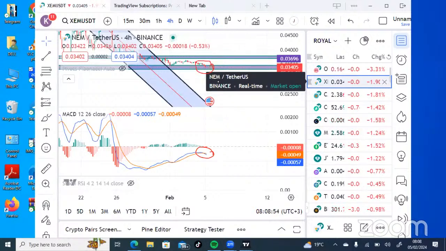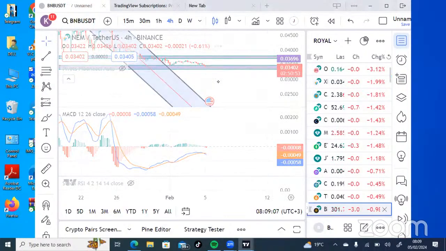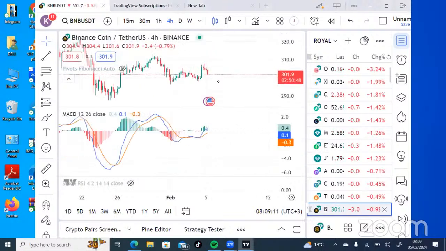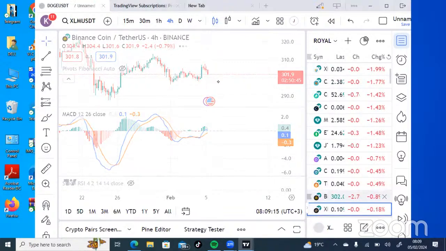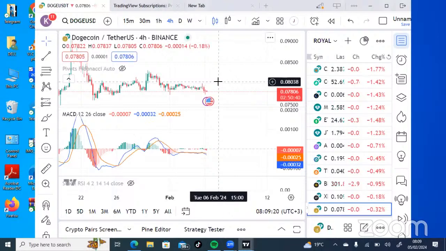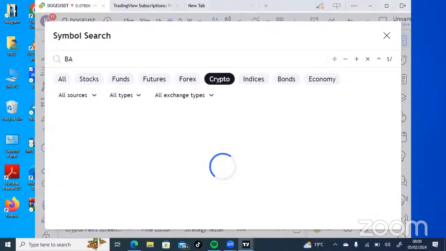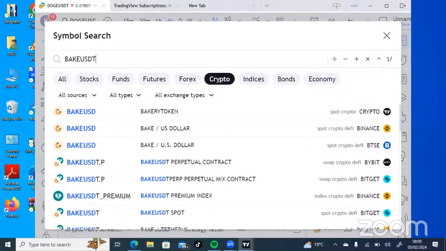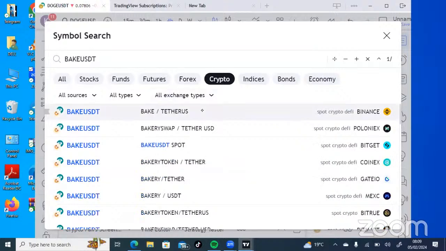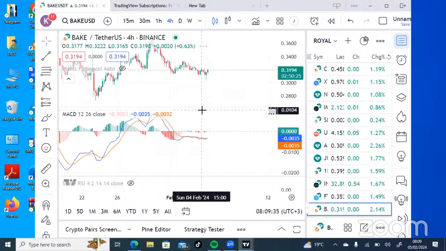The only saving grace I believe we could have is the United States decreasing the interest rates. I don't know whether it is today, I keep forgetting the dates. But if it does it, then we could have recovery. But if it doesn't, these coins that some people have been floating on seem to continue misbehaving. What goes down comes up. It is just the ability of someone being patient.